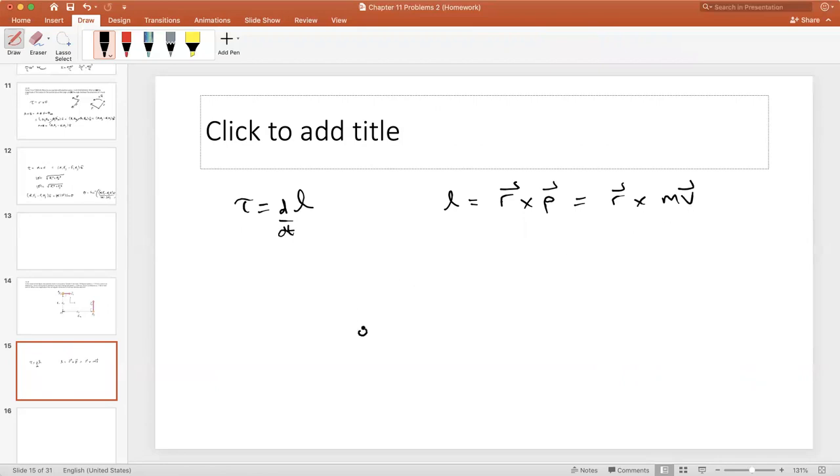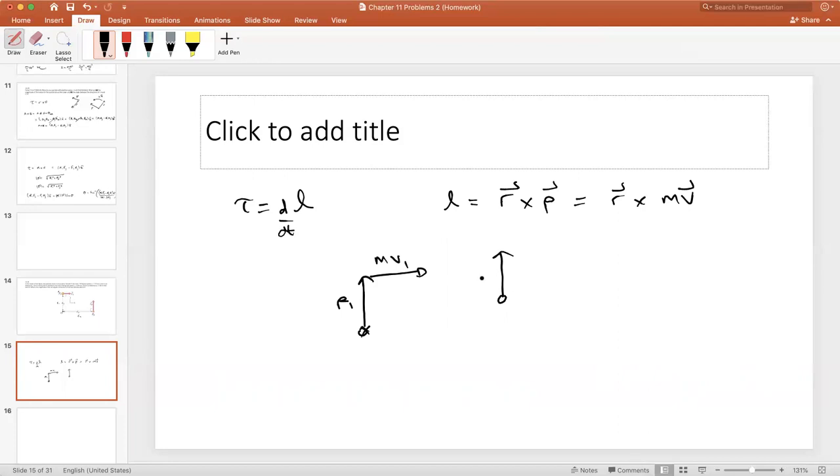And for particle 1, we had R1 and we had V1 pointed in that direction, and we were going about the origin. So this is a torque. If we multiply V by M, we get MV.